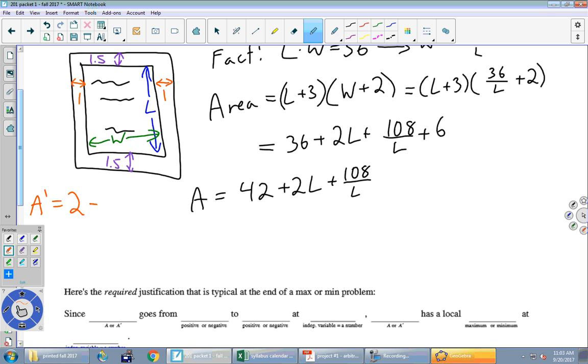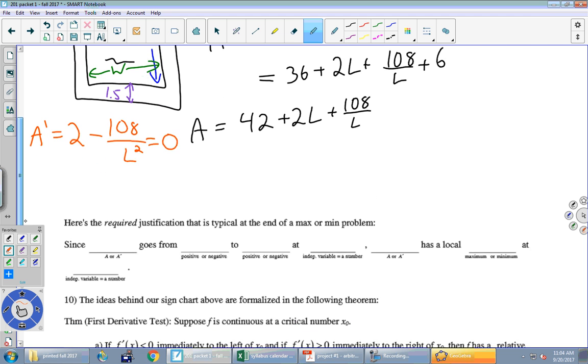So that becomes negative 108 over L squared. Okay, and this is our derivative, and I want a horizontal tangent line, so I want that derivative to be 0. So I go out of my way to set the derivative equal to 0.